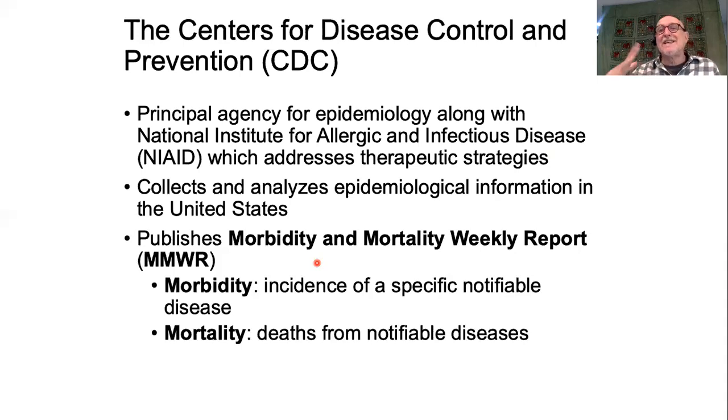Morbidity refers to the incidence of a specific disease, a specific notifiable disease. A notifiable disease is one where you are required to send information to the CDC. And they are monitoring the whole time the incidence of particular diseases. They are also monitoring the mortality, and that is the number of deaths that result.